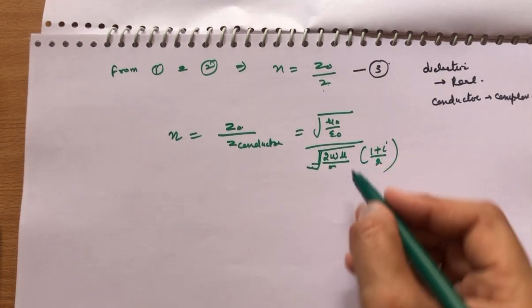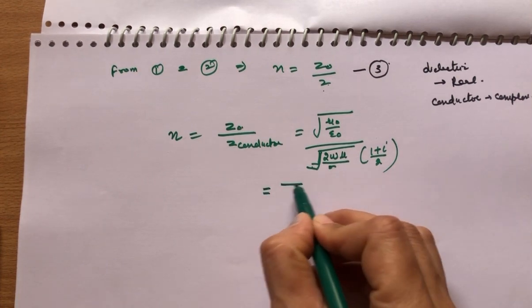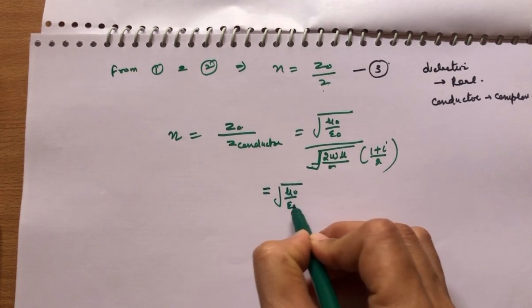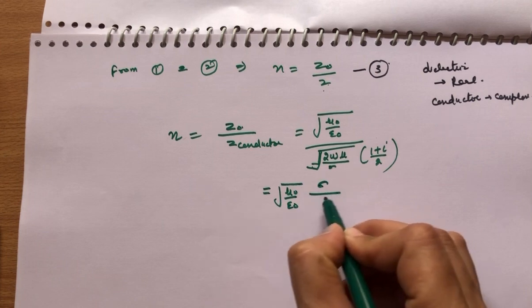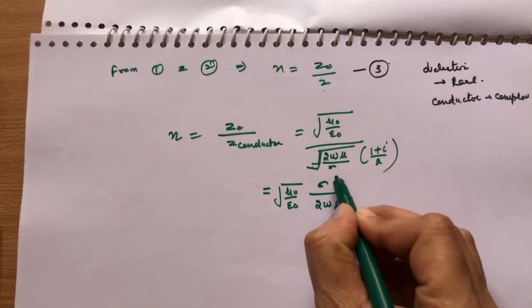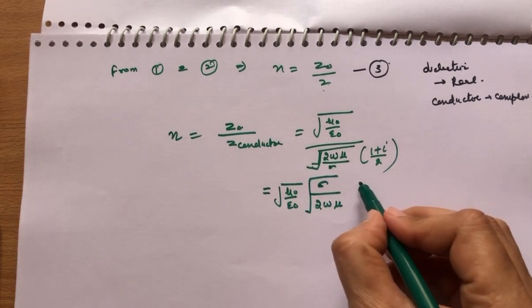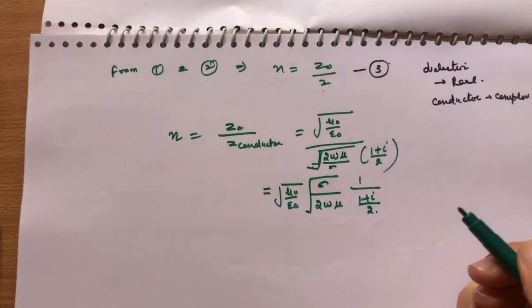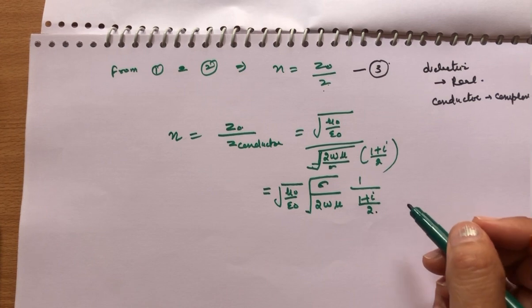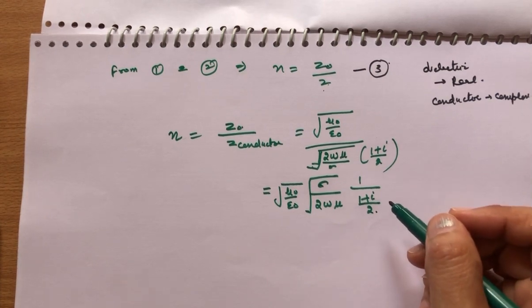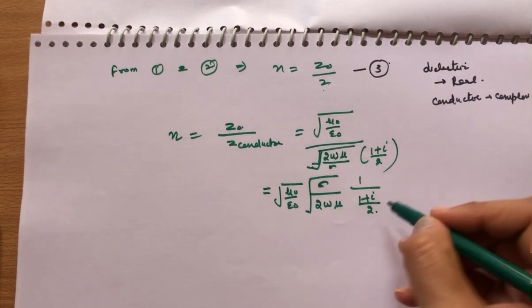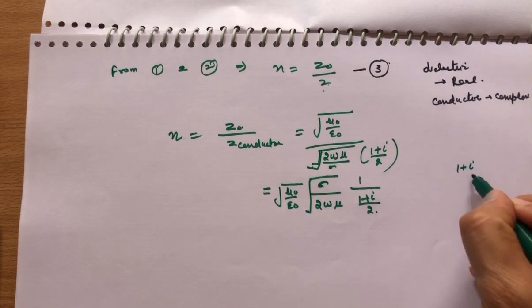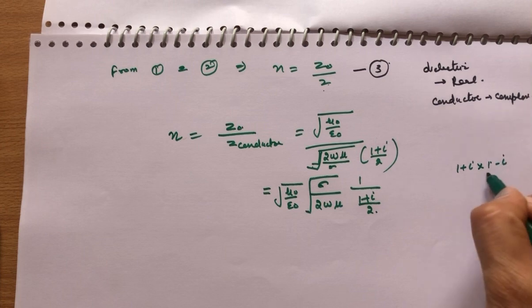So from this you can write this as under root mu naught epsilon naught sigma upon 2 omega mu, into 1 over 1 plus iota by 2. You can solve this by multiplying and dividing 1 plus iota by 1 minus iota.